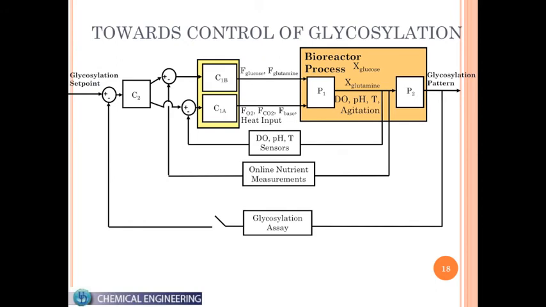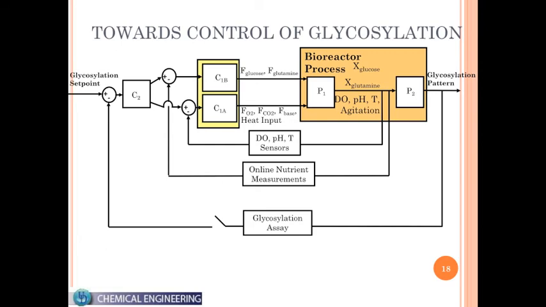Now, the problem with these glycosylation assay measurements is that there are analyzers that can measure these nutrients fairly quickly, but the glycosylation assay measurements have to be done offline. So this is where you take a sample, you do some analysis in a lab down the hall. It takes a few days, and then you get some measurements, some information.